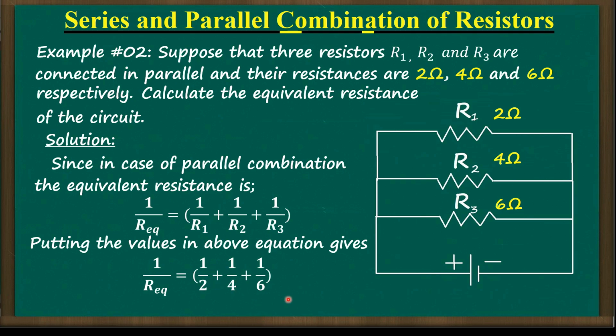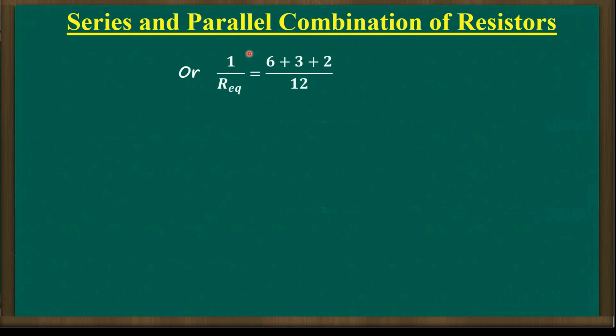By taking LCM, we get 1 upon equivalent resistance equals 6 plus 3 plus 2 divided by 12, or 1 upon equivalent resistance is equal to 11 divided by 12. Since we are required to calculate equivalent resistance, we move equivalent resistance upward and 1 downward.